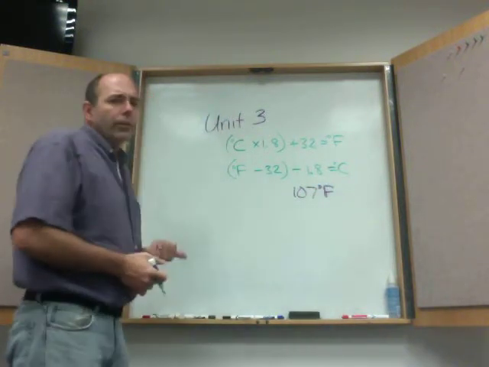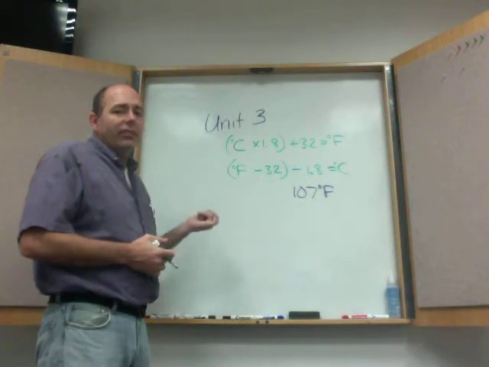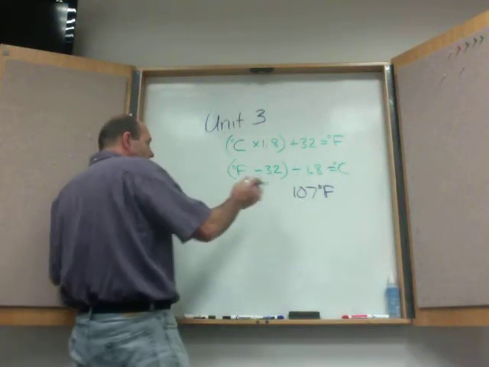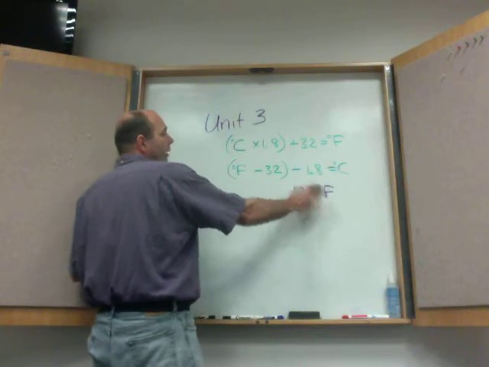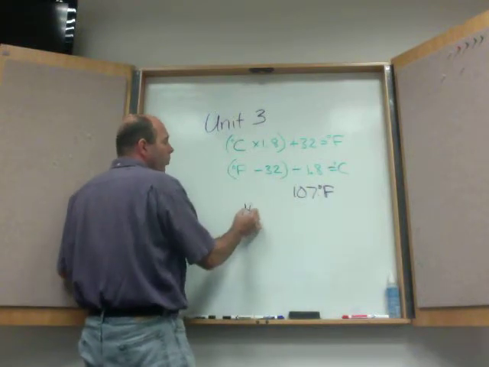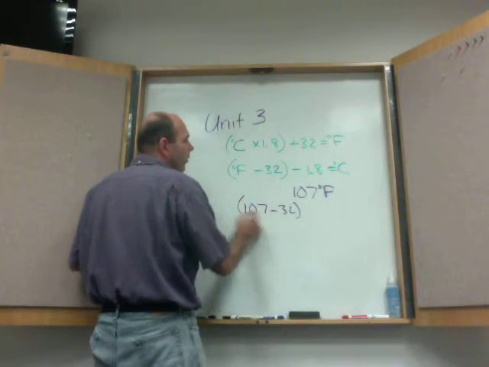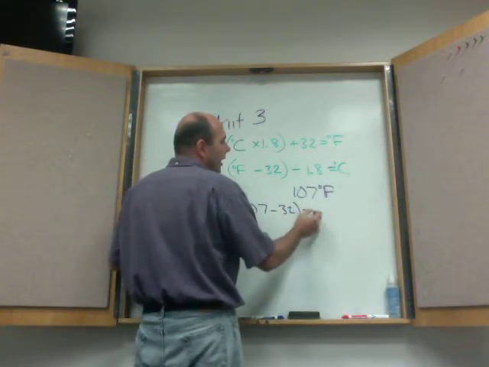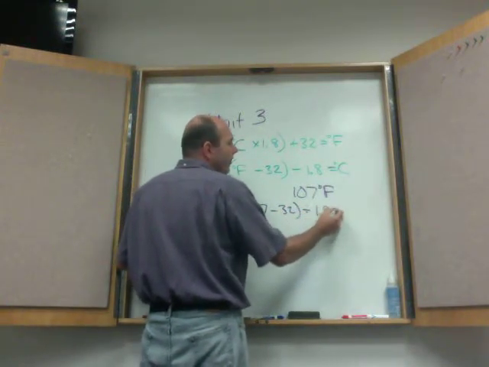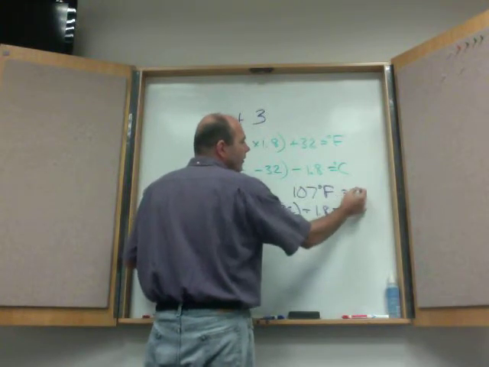And you call the doctor, and the doctor wants to know, well, what is that in Celsius? This gives me the Fahrenheit, so I'm going to plug it right in. 107 minus 32 divided by 1 8/10. And that'll give me my degrees in Celsius.